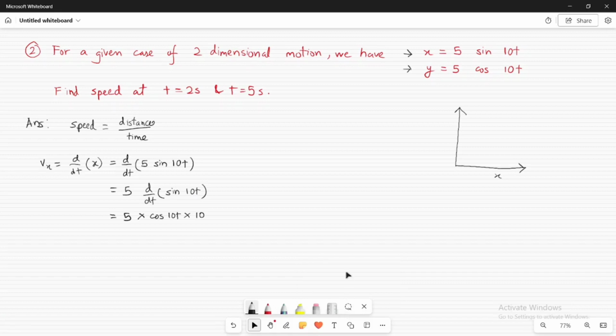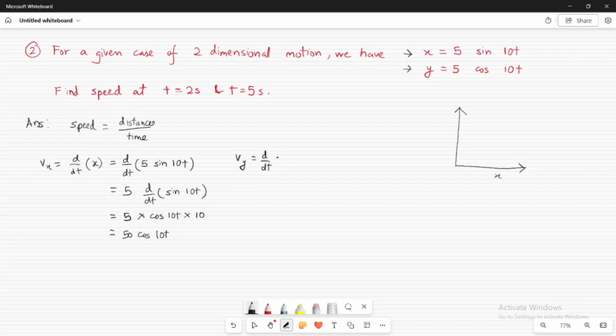That means 5 into cos 10t into 10. Cos 10t is the derivative of sin 10t and 10 is the derivative of 10t. Chain rule. That means Vx equals 50 cos 10t.